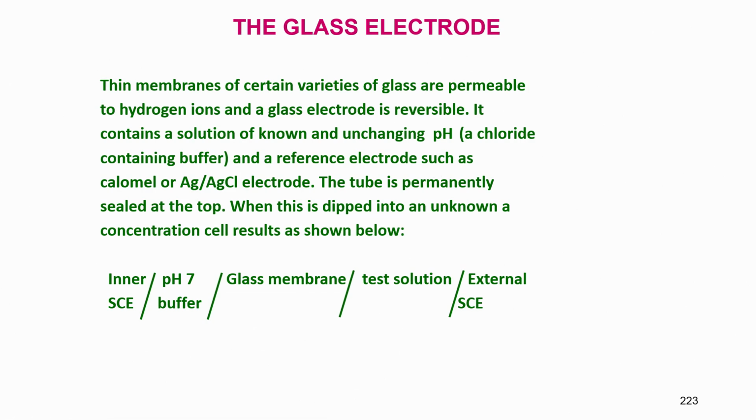The glass electrode is a new invention. Of course, it has been there since the 1960s or 70s, say the 60s approximately. And nowadays, there are hundreds and thousands of beautiful glass electrodes in the market, in different versions but the same principle.